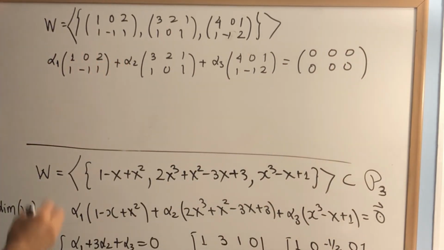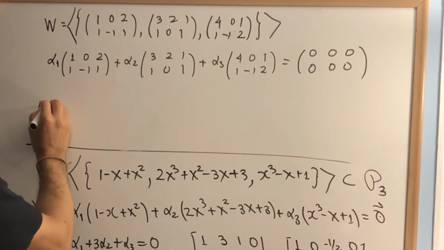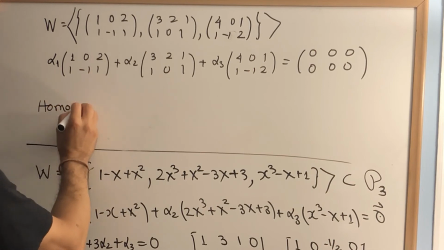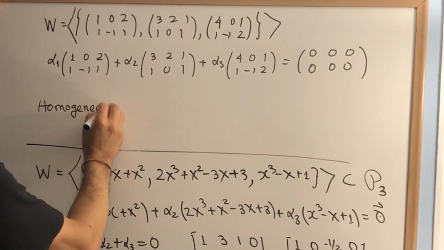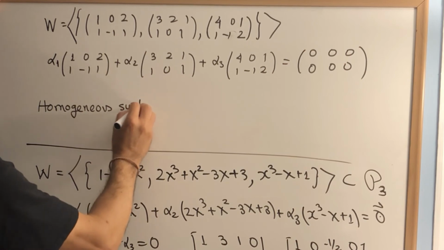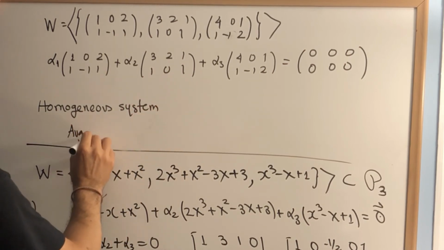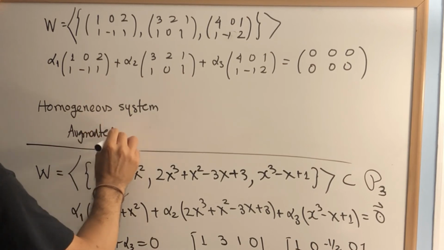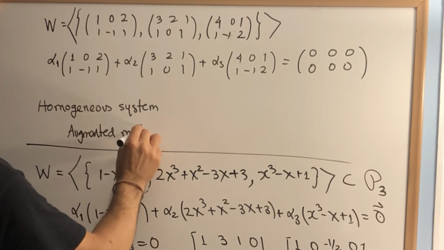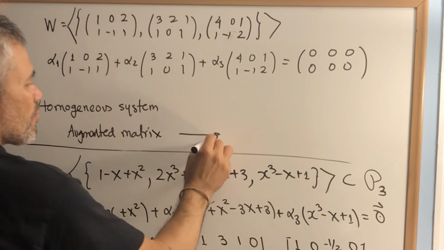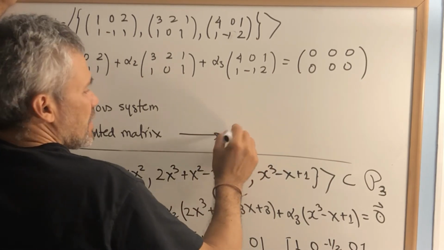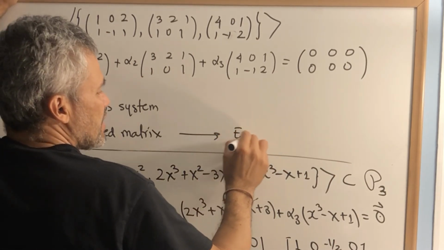And then we get a homogeneous system and it has an augmented matrix. We do row reduction and we get, let's say, a matrix in echelon form.